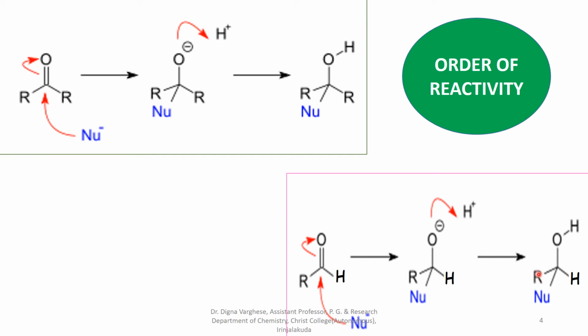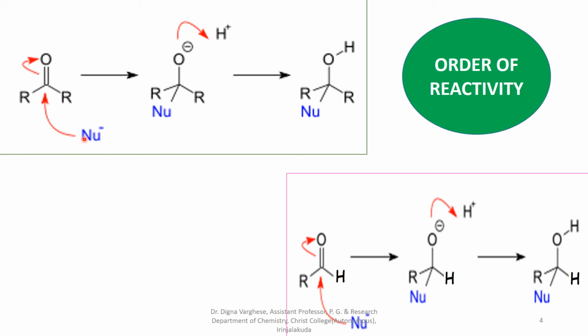Here you can see the approach of the nucleophile to the carbonyl carbon is sterically hindered in the case of ketone. Here two alkyl groups are present. In aldehyde, there is one hydrogen in place of an alkyl group. So the steric effect is less in the case of aldehyde when compared to ketone.